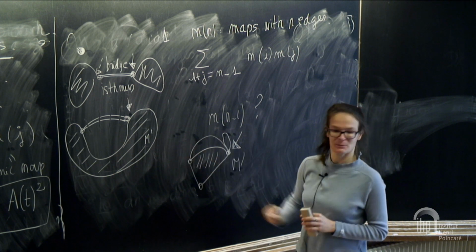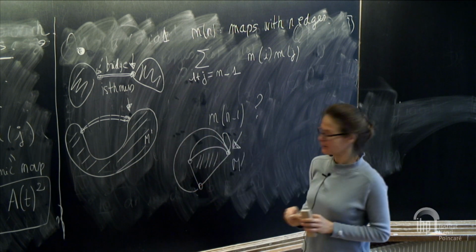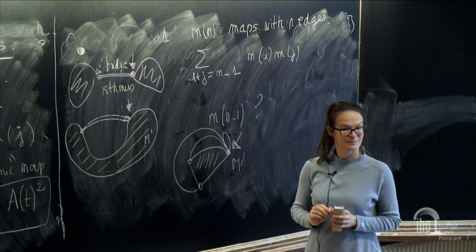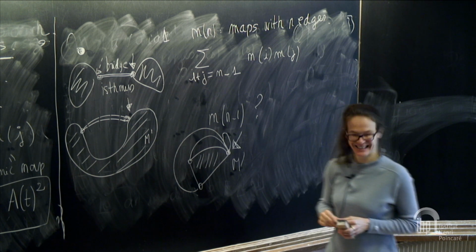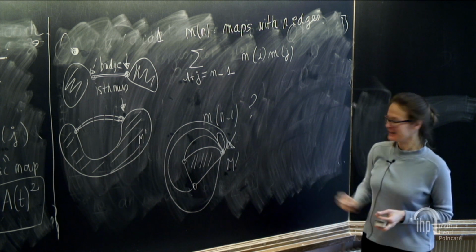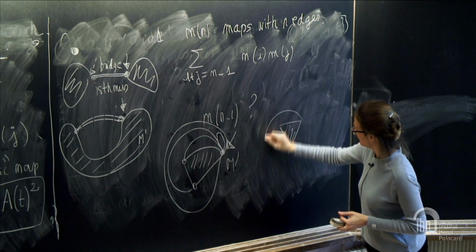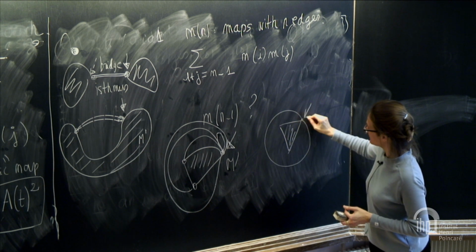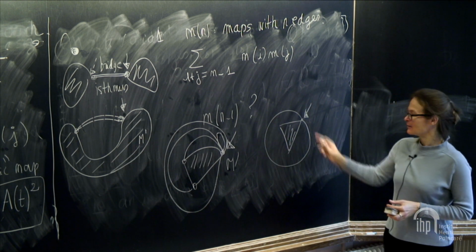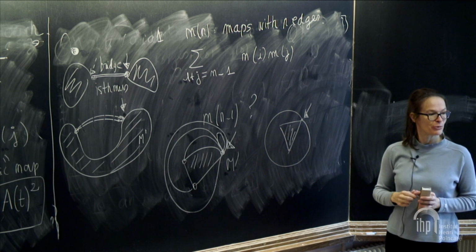Then this could have been my root edge. This could have been my root edge. And then, in fact, there's one more. I should draw it again. So that's the bean. If the root edge is like this, then certainly its deletion gives the little triangle M prime.